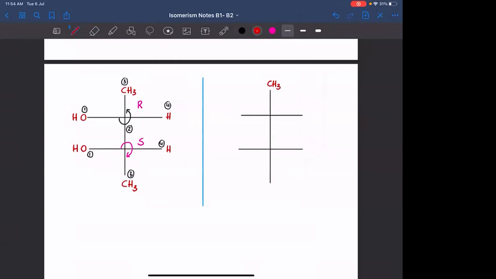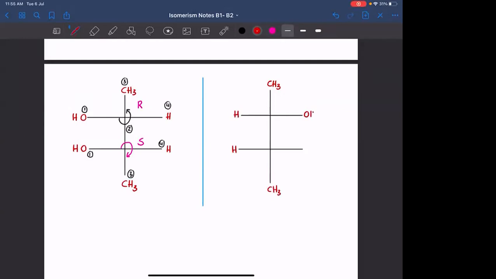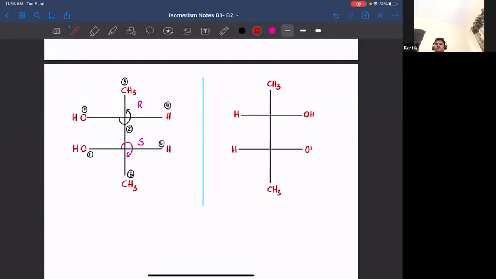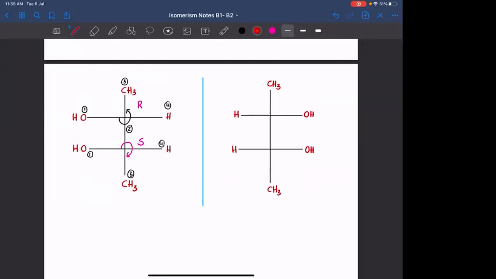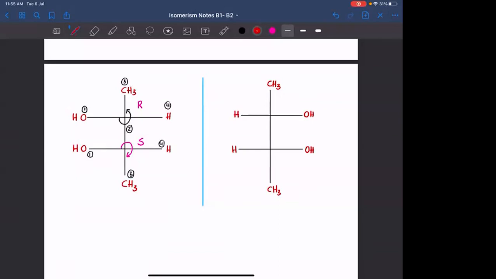Please tell me if they are superimposable or non-superimposable. Just that much. Superimposable. Here H and H, here OH, here OH. Are they superimposable or non-superimposable? Superimposable.